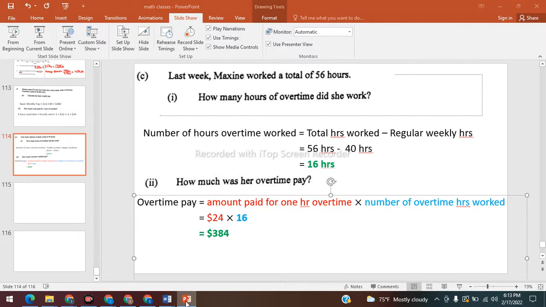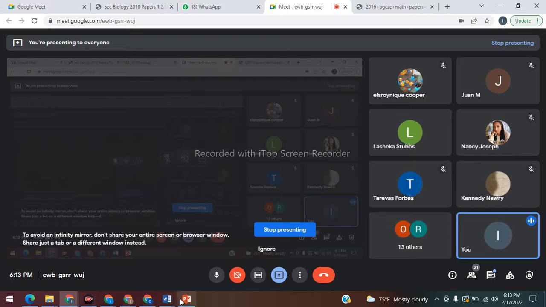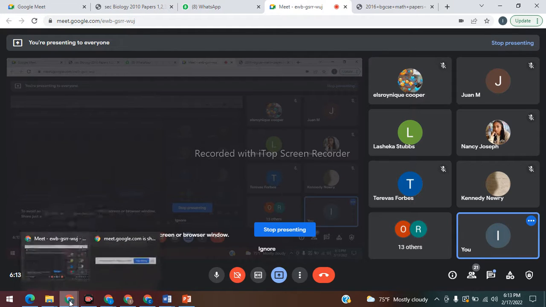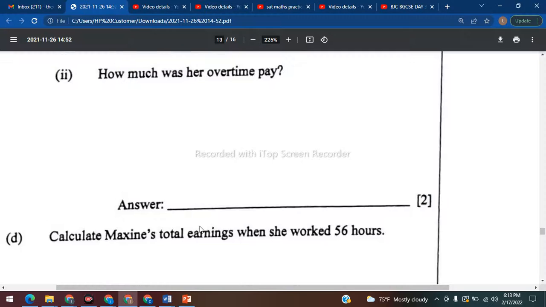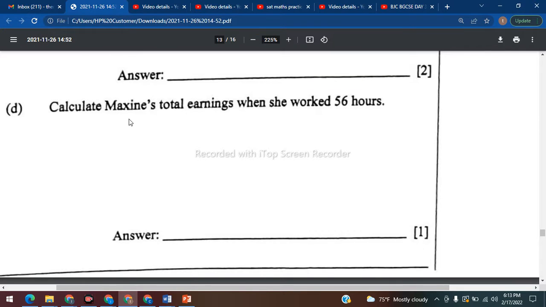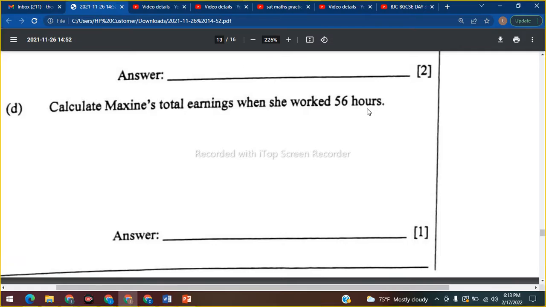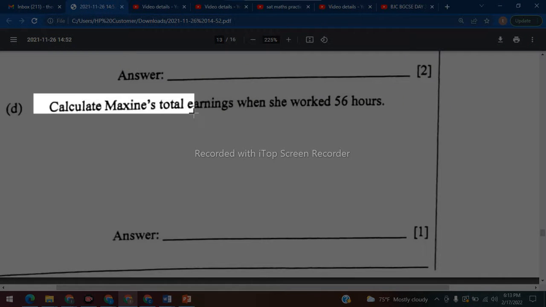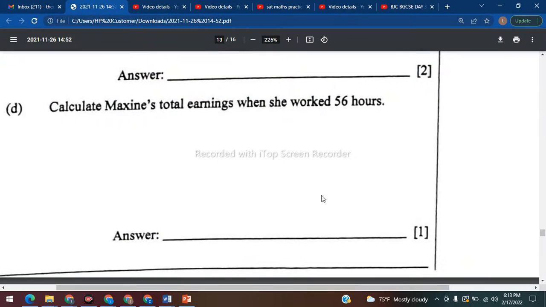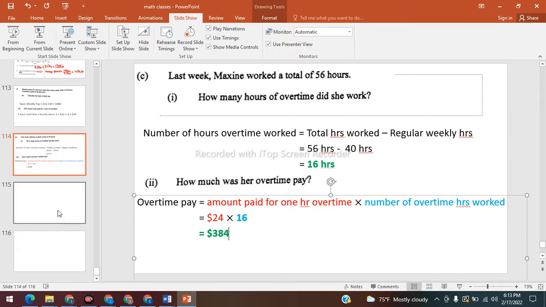Okay, now, with that being said, calculate Maxine's total earnings for the 56 hours that she worked. So we want her total earnings for the 56 hours that she worked.